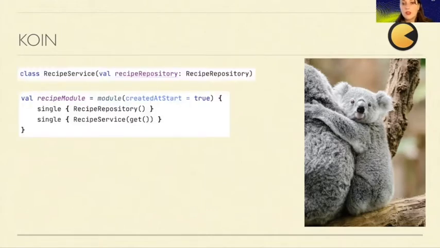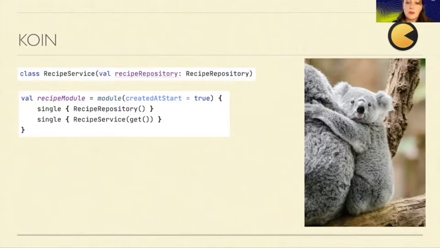Well, let's have a look at some Koin code. Here I have a recipe service which depends on a recipe repository. Both are beans in my application. I want them both to be injectable. So the second piece of code is where I configure my application. It's an example of a Ktor application actually.